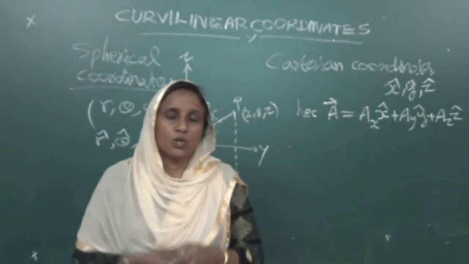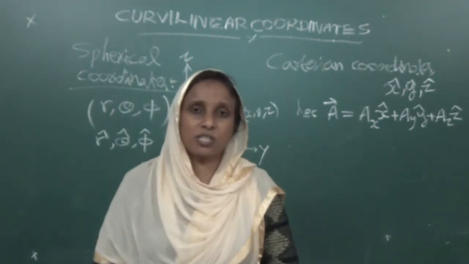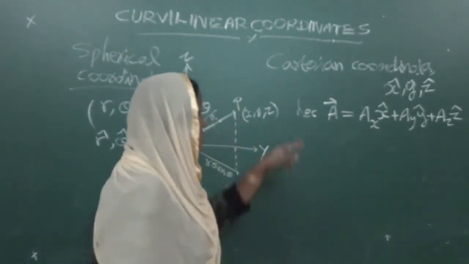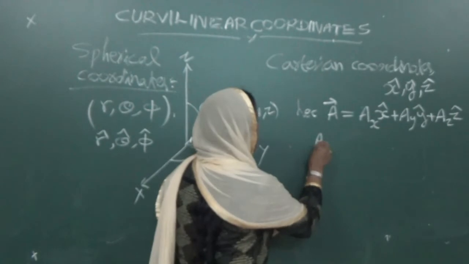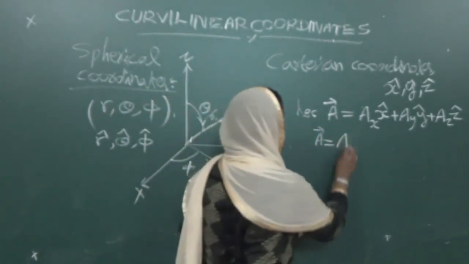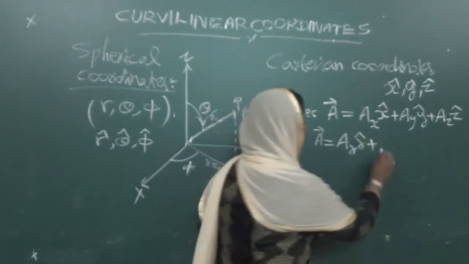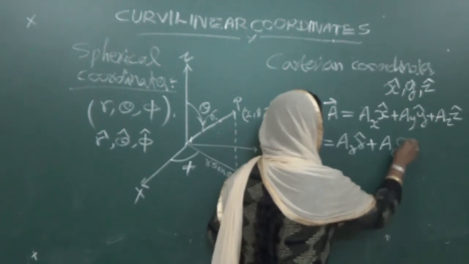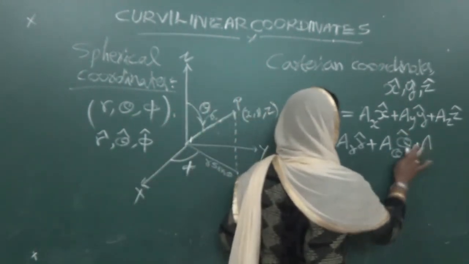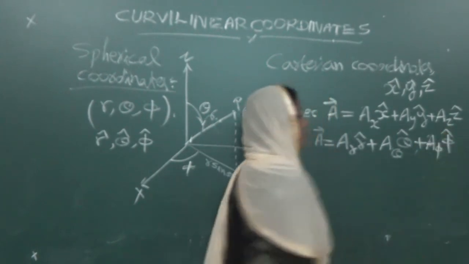Okay? You can express the same vector A using spherical coordinates. Right? That means you can write this vector A such that A_r r cap plus A theta theta cap plus A phi phi cap.